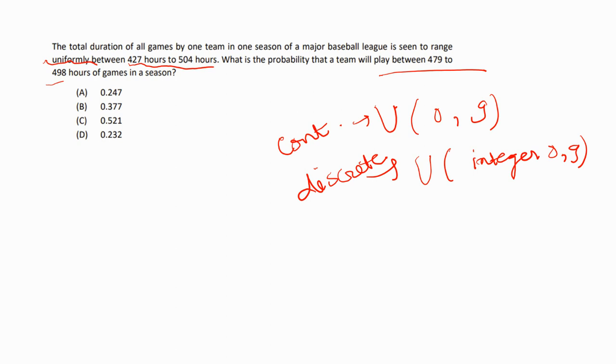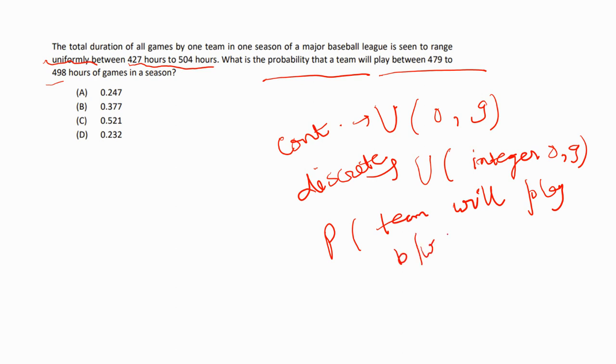When you say hour, then here, sorry. So now we need to find the probability that the team will play between 479 to 498. So the total time we have, we find it by b minus a.